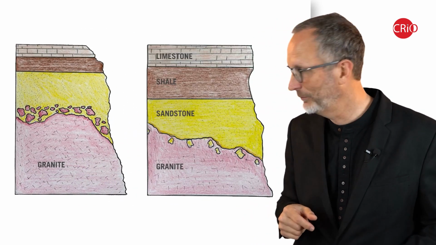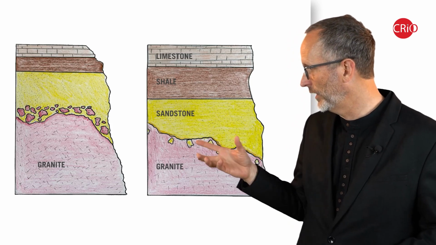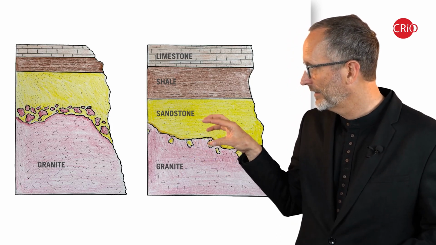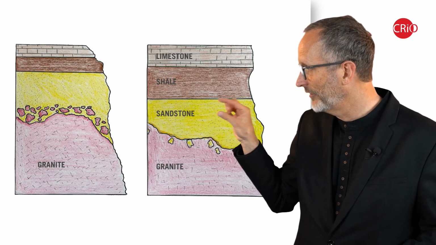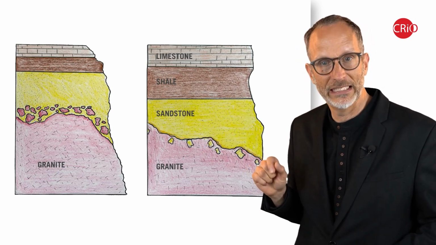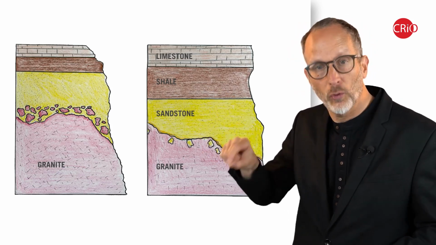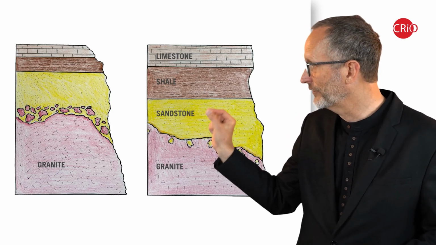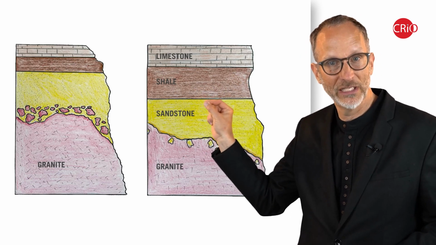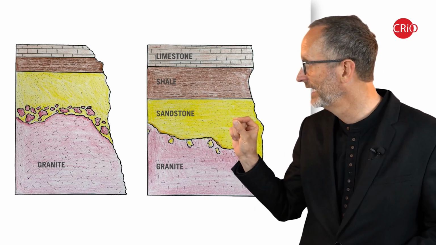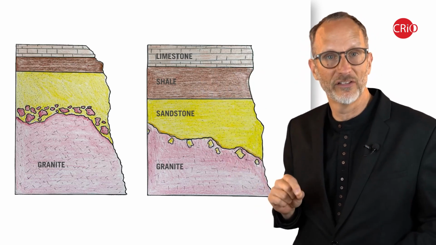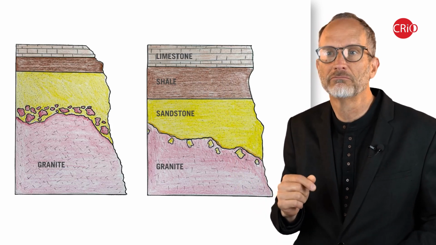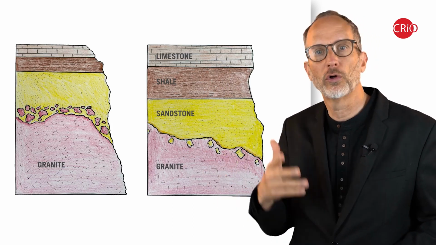How about another example? Here's one where the bits and pieces of the sandstone, shown in yellow, are actually incorporated into the granite. And then above the sandstone is shale, originally muds in the bottom of the ocean. And above that is limestone, kind of like coral reefs.